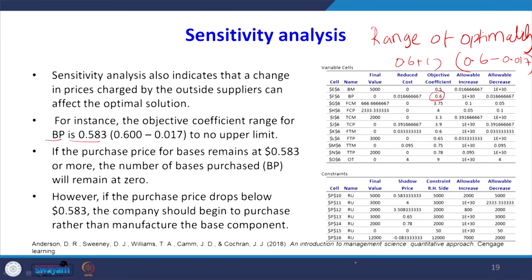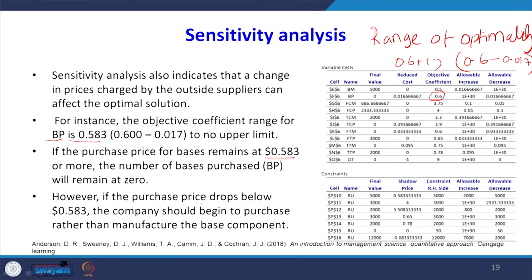So, what we are inferring from this is that if the purchase price for bases remains at $0.583 or more, the number of bases purchased will remain at 0.